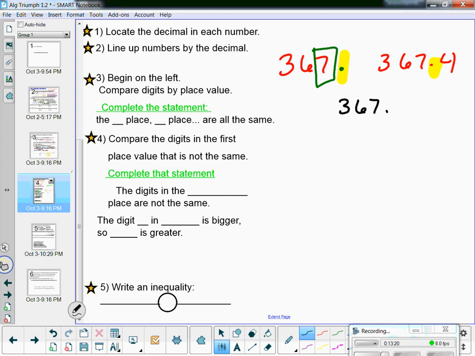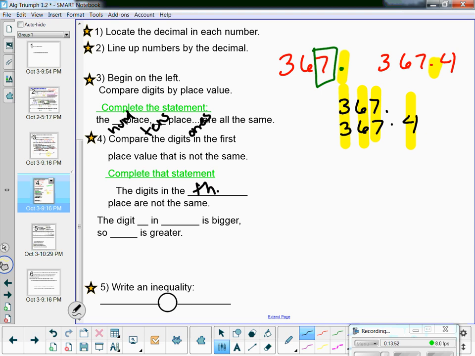367 point. Here's my point, 367.4. Start comparing. Hundreds place is the same. Tens place is the same. Ones place is the same. Tenths is not. So the digits in the hundreds, tens, ones are all the same.